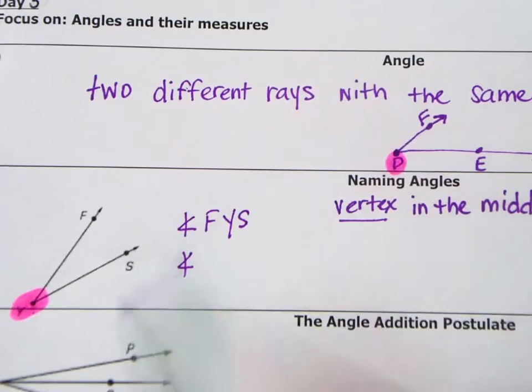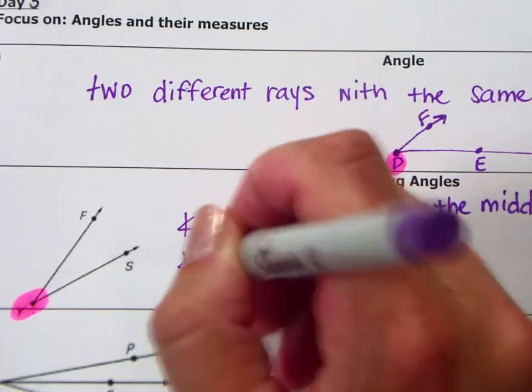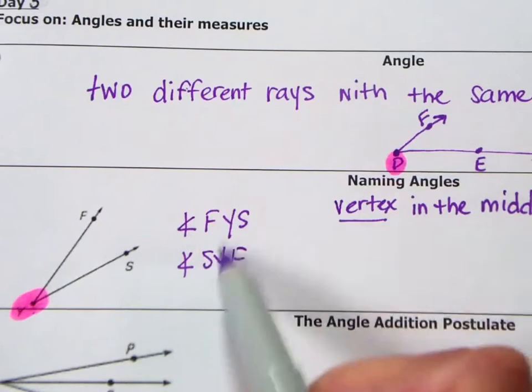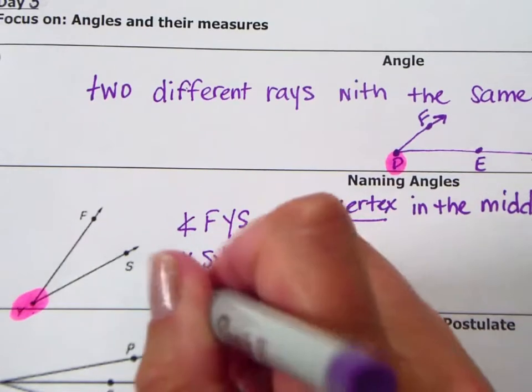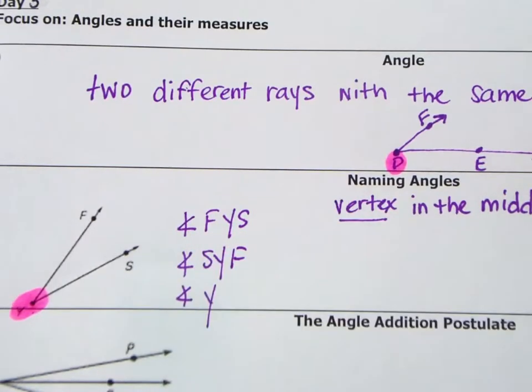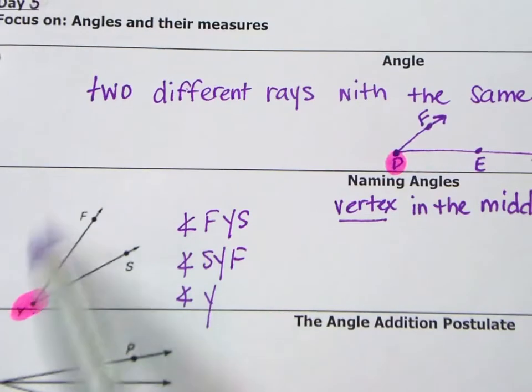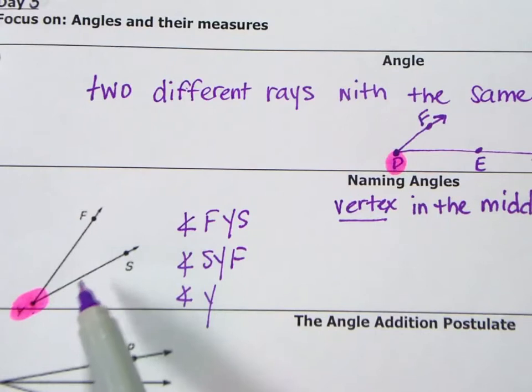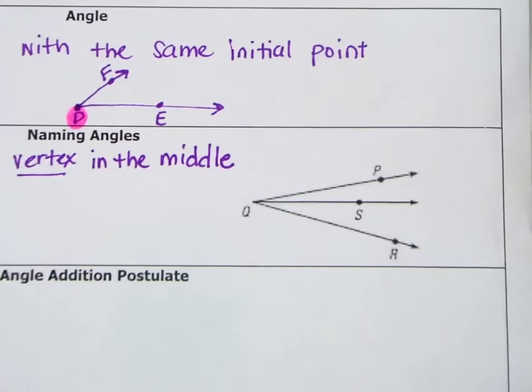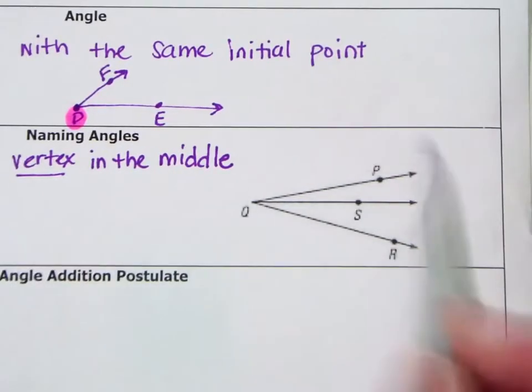We can also name this angle as angle SYF, so we can go the other way, keeping in mind that vertex is in the middle. Or we can also name this angle as just angle Y, using just the vertex. When we say angle Y, in the picture, that is the only one I could be referring to.